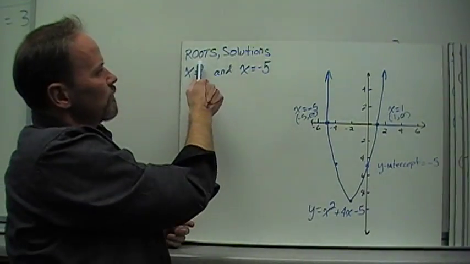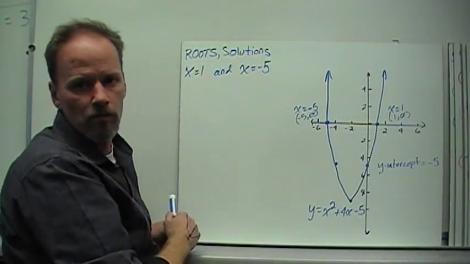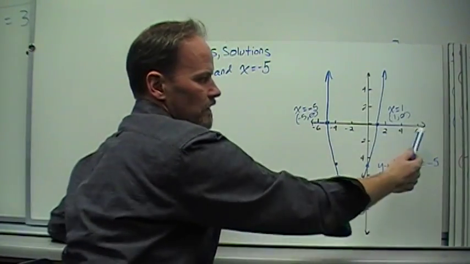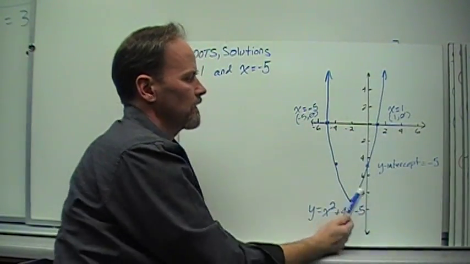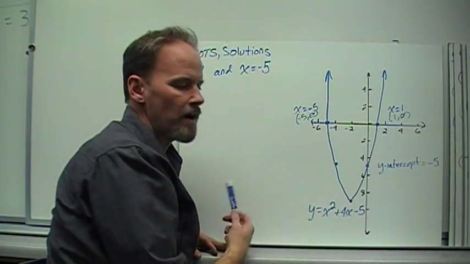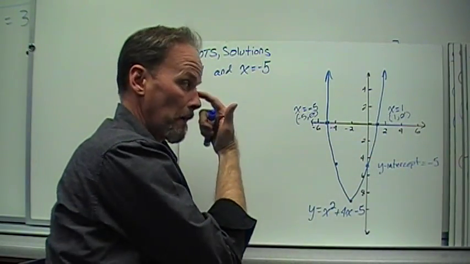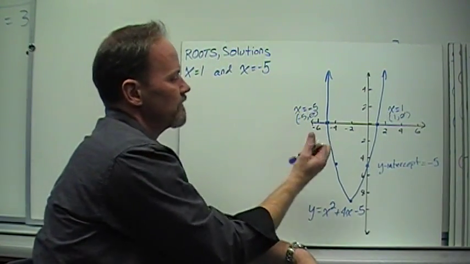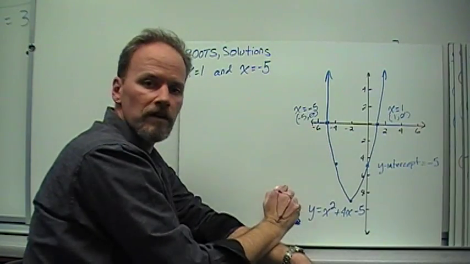Okay, remember, my roots or my solutions were x is 1 and x is -5. I got the x and the y here. I did by 2's, just trying to squeeze. It was kind of a big graph, so I went by 2's there. And if you just look here, x is -5, that would be right there on the number line.